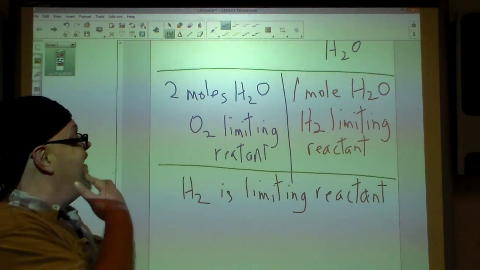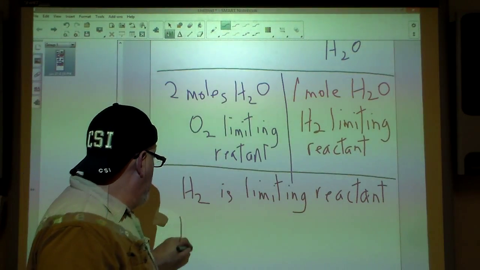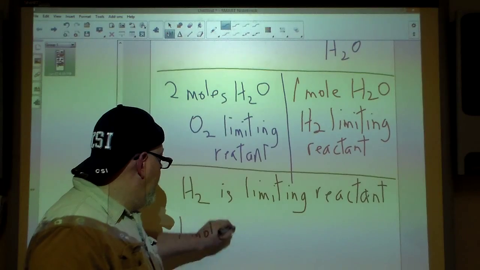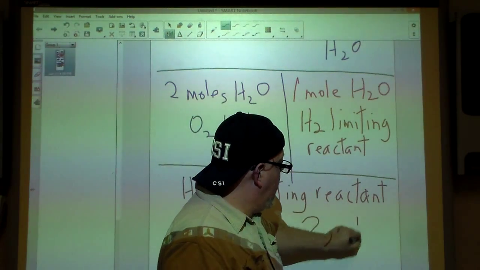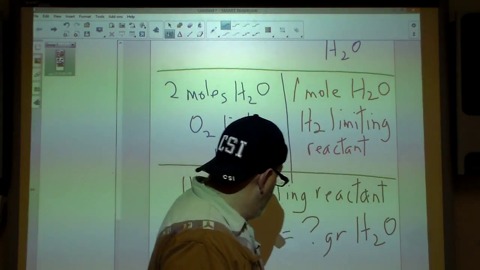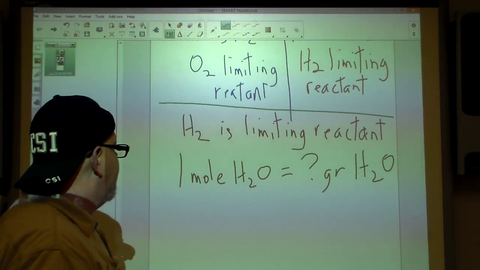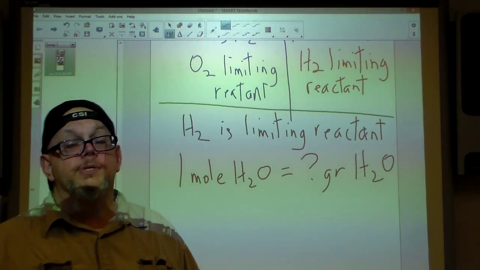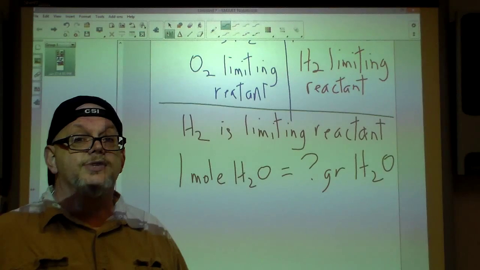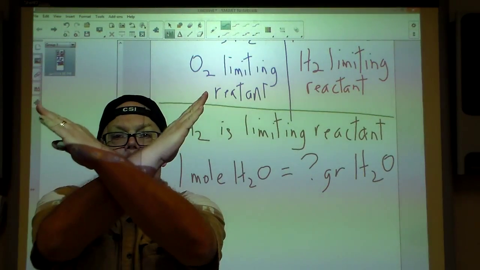Now, I have 1 mole of H2O equals how many grams of H2O. We've got to rapidly wind down here. So now we're going from moles to grams. If we're going from moles to grams, you multiply.